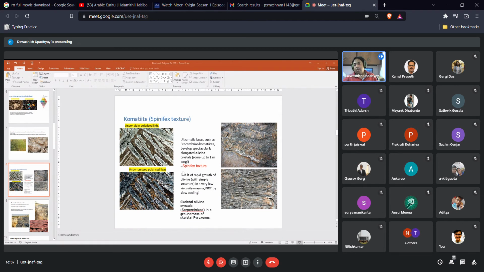You can see these long bladed crystals of olivine. Of course, most of them have now been replaced by secondary minerals such as serpentine, but the serpentine usually pseudomorphs the olivine, preserving the shape of the original olivine crystal. So these are komatiites.